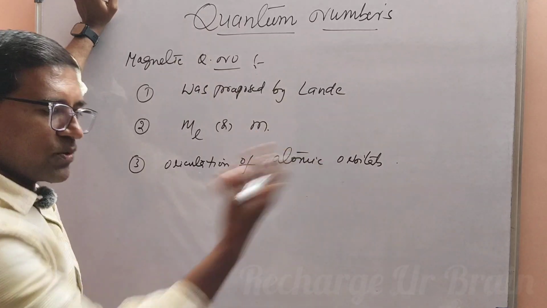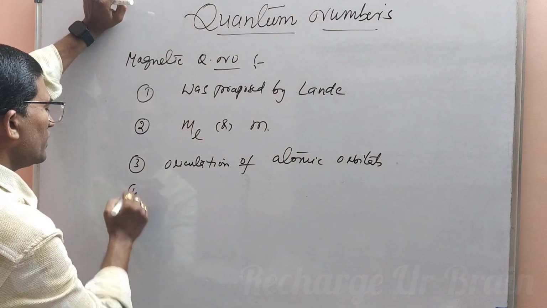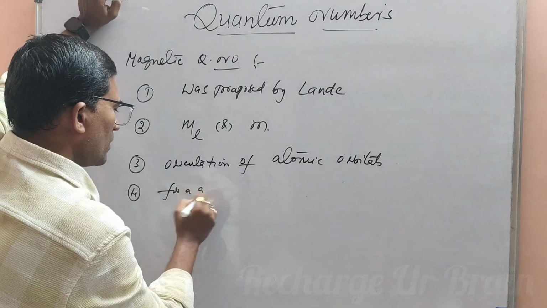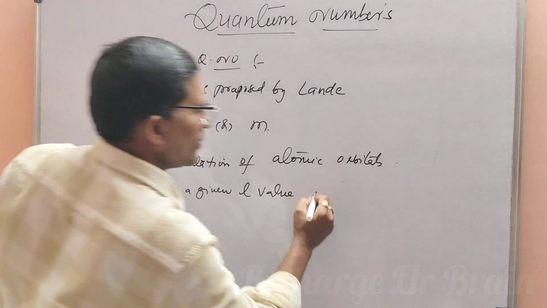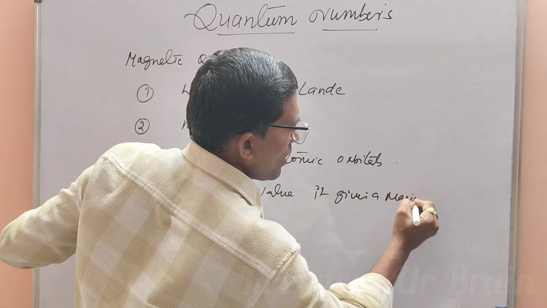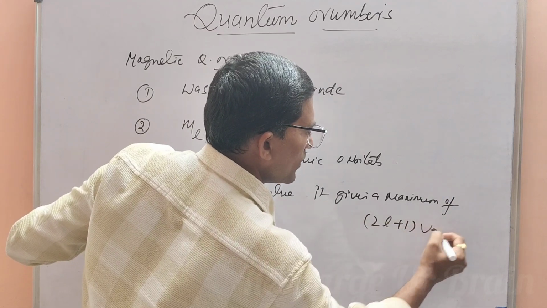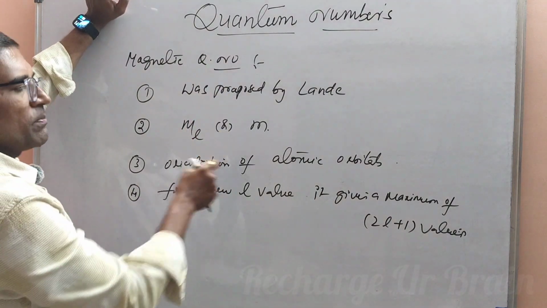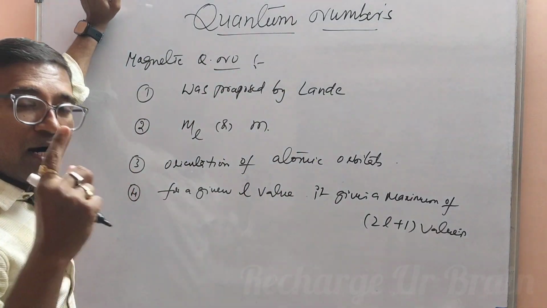How the atomic orbitals will orient, I will explain that. And this quantum number gives values as, for a given L value, a maximum of 2L plus 1 values. Nothing but the magnetic quantum number values depend upon the azimuthal quantum number values.